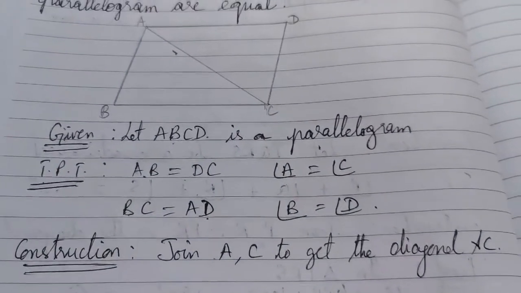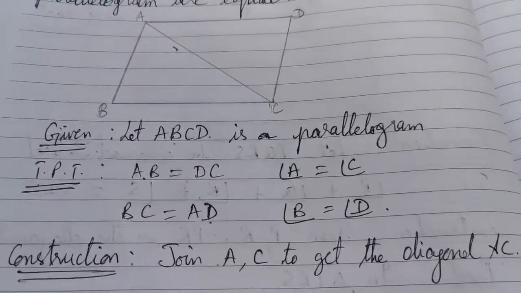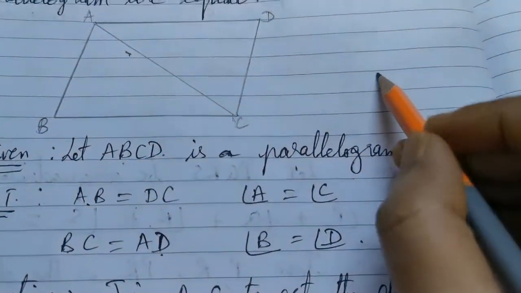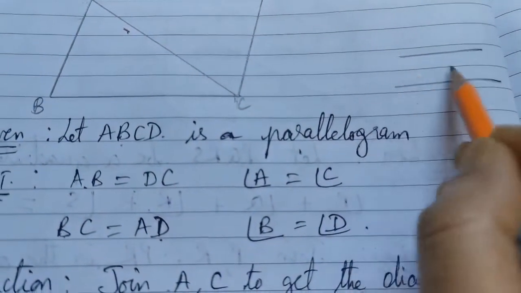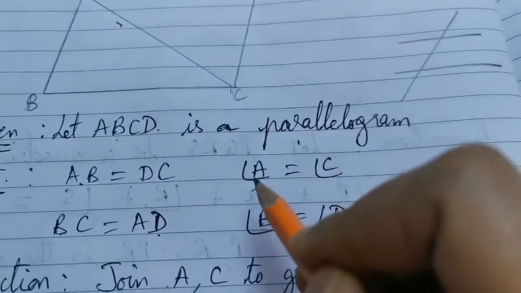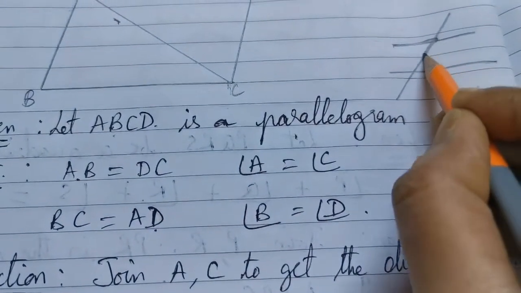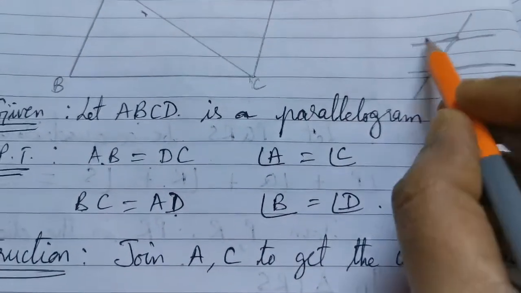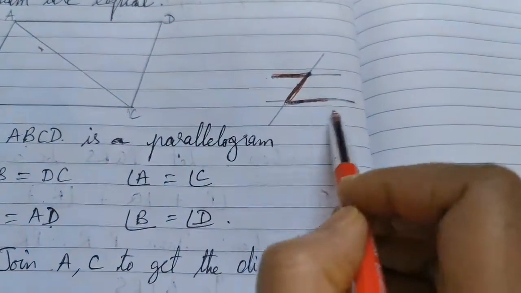So to start with the proof, before I start, let me remind you about the alternate angles. What are alternate angles? When I have two lines which are parallel to each other and it is cut by a transversal, I get a Z shape. I have a Z shape here.